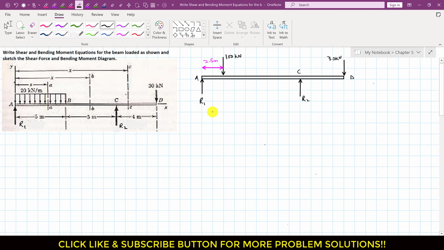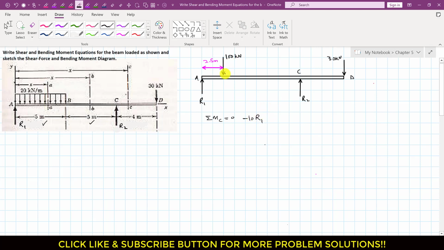So now to find these reactions, if I apply the summation of moments about point C equals 0, then as we can see, R1 is producing a clockwise moment, so I will write minus R1, and the perpendicular distance of R1 from R2 is 10 meters, which is given here, right? So I will multiply this with 10.